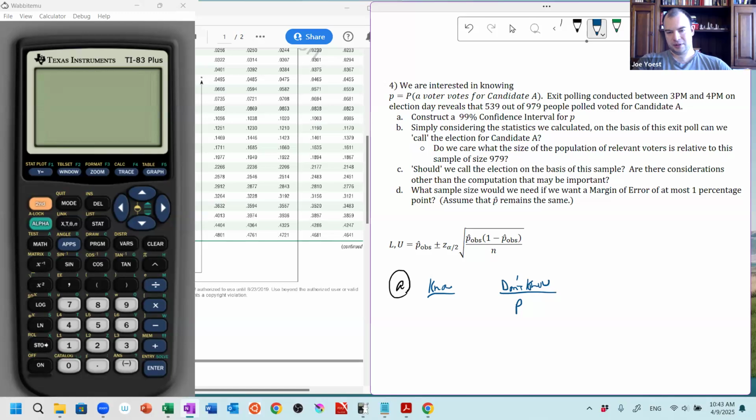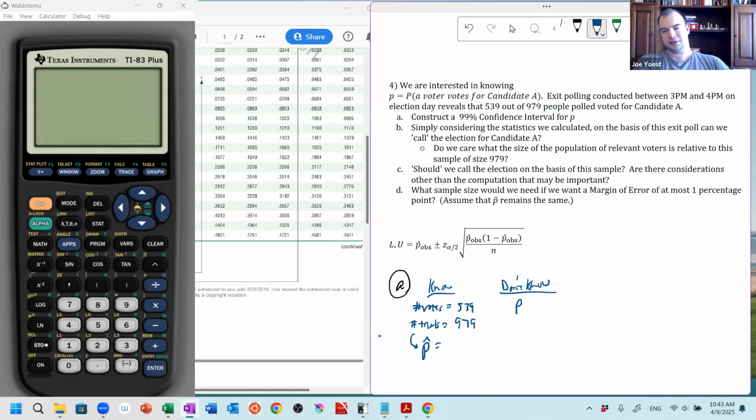Well, I know the number of votes empirically is 539. Number of trials, 979. So there were 979 people I asked, and 539 of them were successes in the sense that they responded in the way that I'm looking for, that they voted for candidate A.